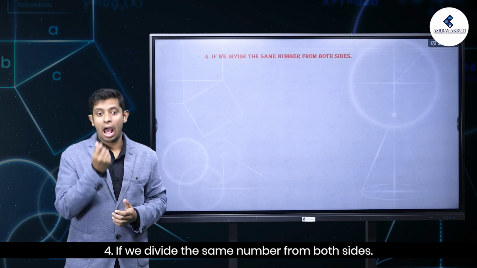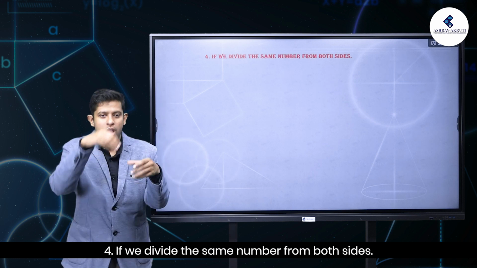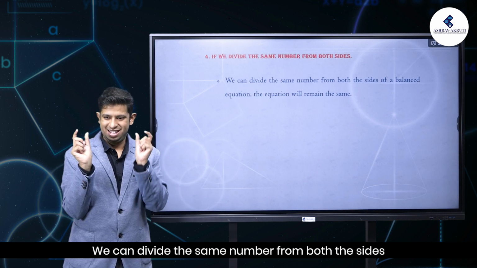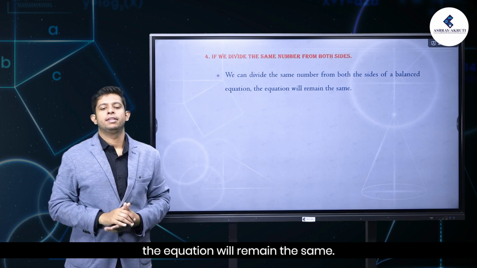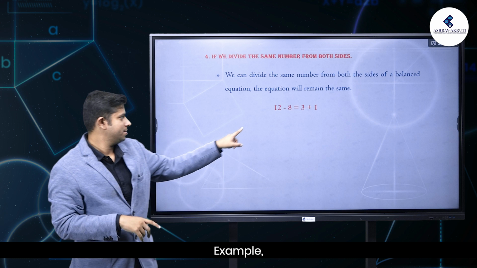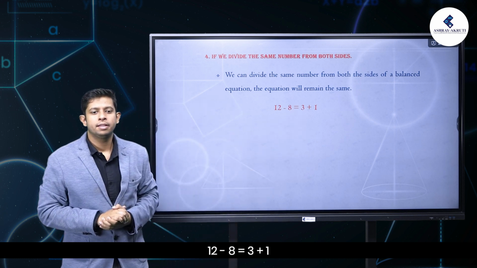If we divide the same number from both sides, we can divide the same number from both the sides of a balanced equation, the equation will remain the same. Example, 12 minus 8 equals 3 plus 1.